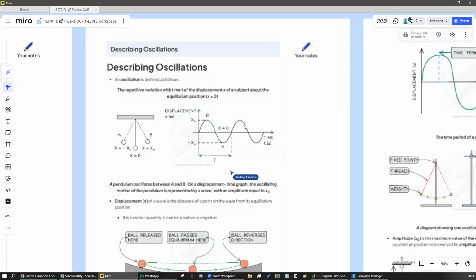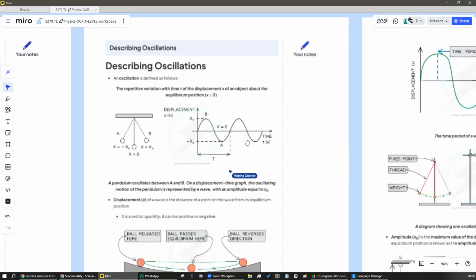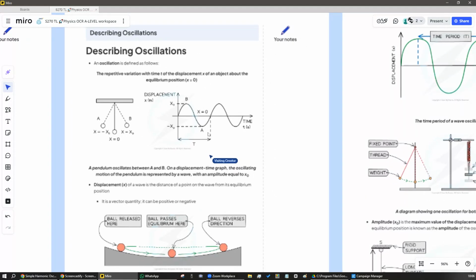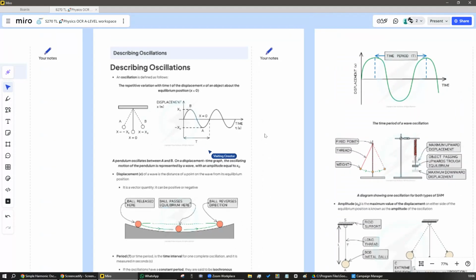Also, if you plotted its speed against time, or velocity against time anyway, you'd get a graph like this. And also, if you plotted its acceleration against time, you'd also get a graph that looks similar to that.